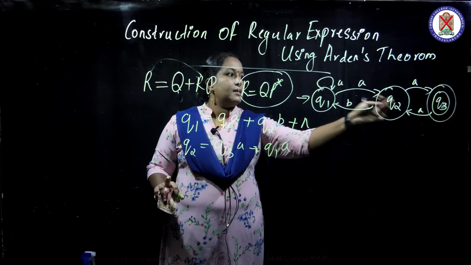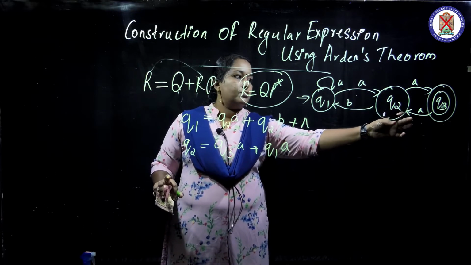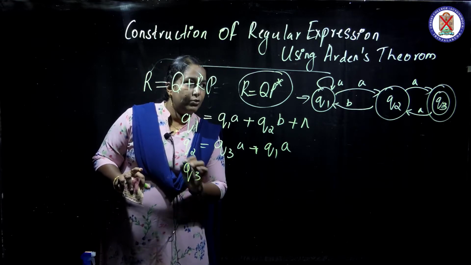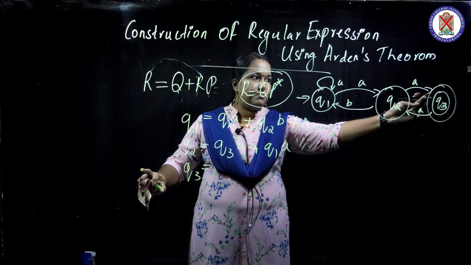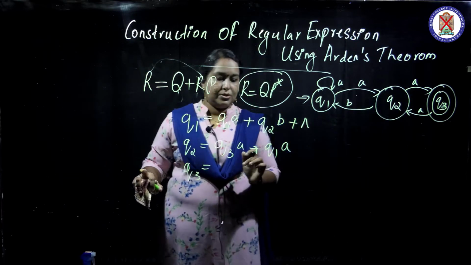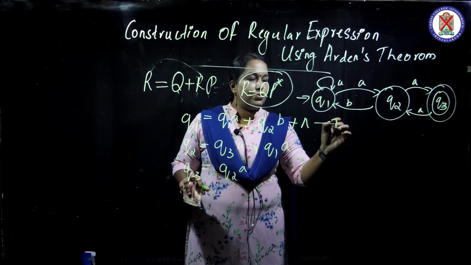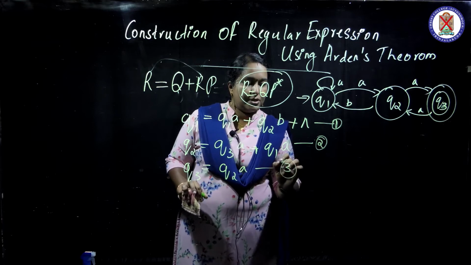These are the two strings coming to Q2. Next for Q3, there is only one input coming to Q3, that is Q2A. So this is equation number 1, this is equation number 2, this is equation number 3.